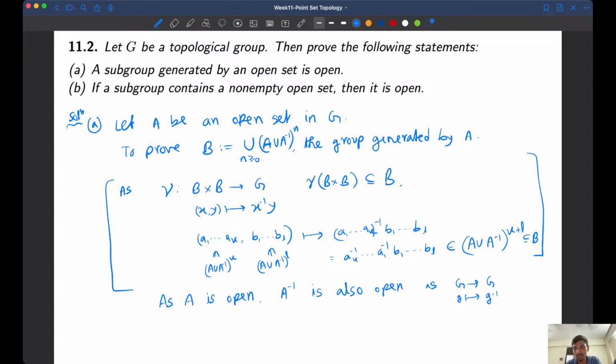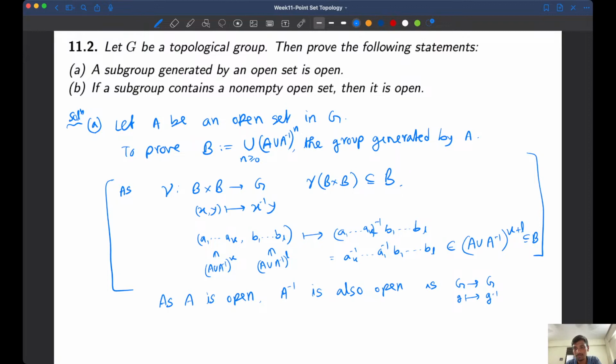This implies A union A inverse is open, a union of two open sets, and this implies (A union A inverse) power n is also open.